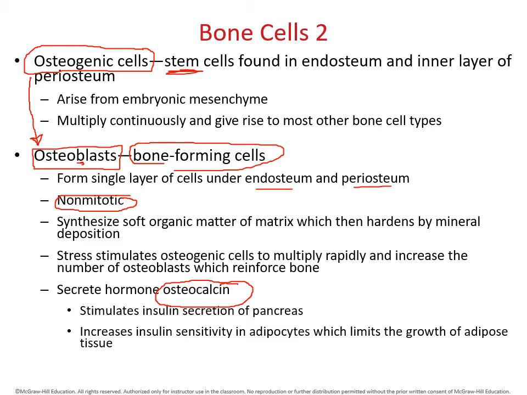We'll have a whole entire chapter exploring all the different hormones when we get over to chapter 18. But for now, just concentrate on the fact that your osteoblast cells, the B is for building, are going to be forming the actual bone tissue, first with a soft matrix, then a hardening due to calcification, and that the osteoblast cells originate from the osteogenic cells, which are going to be our stem cells.